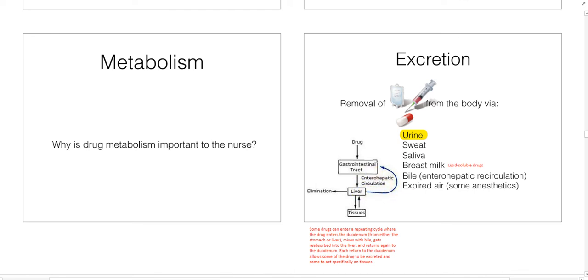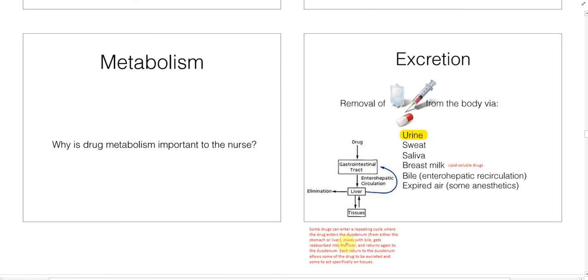Enterohepatic circulation is where some drugs actually enter this sort of loop. They come down through the stomach, to the liver, through the first pass effect, but these medications don't have a very strong first pass effect. They go back into the GI tract, and some from the liver leaves and goes to the tissues, some from the liver goes to elimination, but a lot of it comes back through to the GI tract and allows for this sort of long-term action, if you will.